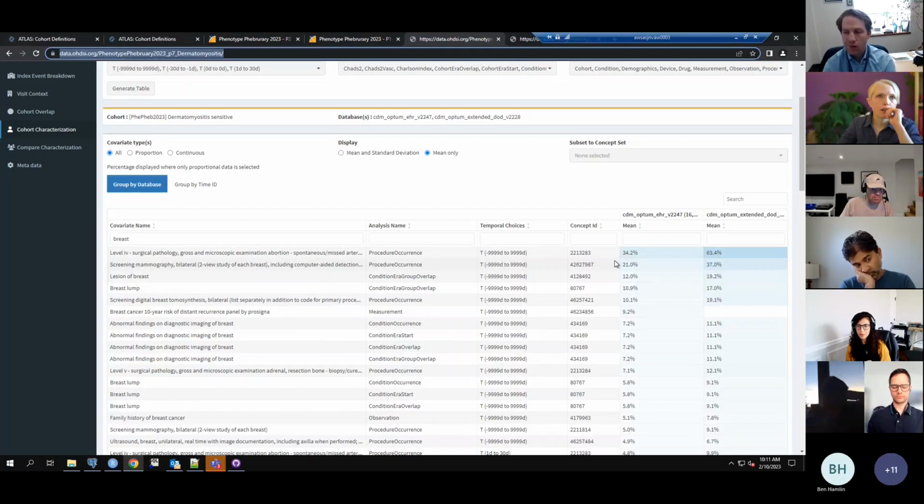So those people might have had cancer before, but because you're waiting until you see that second diagnosis, you're shifting yourself a little to the right when you put that index date, and that might be why you see the cancer happening after.